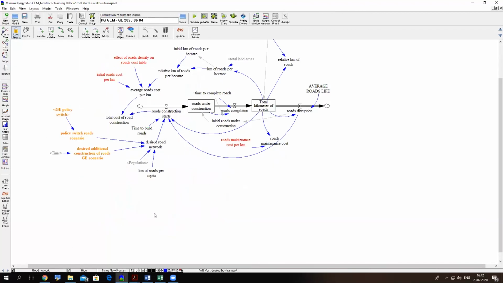Another question about road network. When I check the program, there are no policy options for improvement of road construction and road network. But in the model, we have such. Could you please explain how we can use this slide according to the model, with such model according with program?